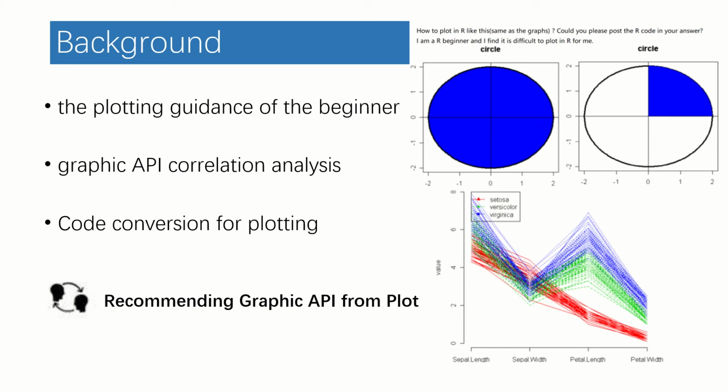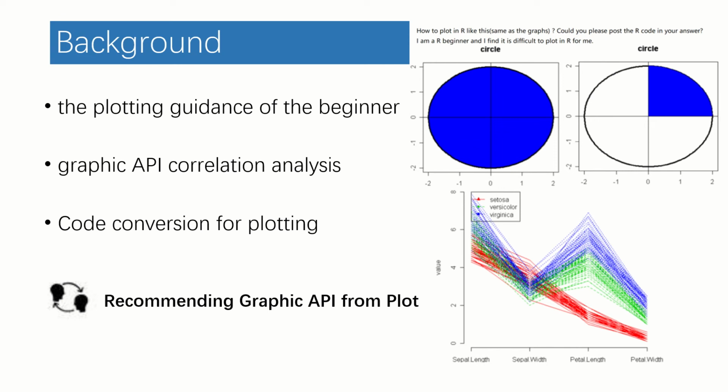Thereby, they expect to convert the figures plotted in one language into APIs of the other directly to reduce the time cost. In these scenarios, a tool that can automatically recommend the graphic APIs based on a plot can provide guidance for developers and improve their productivity.